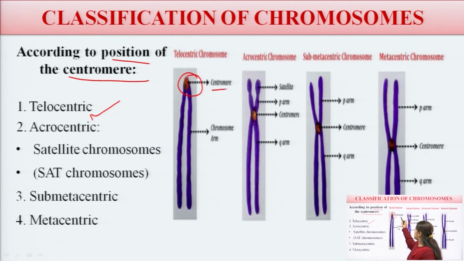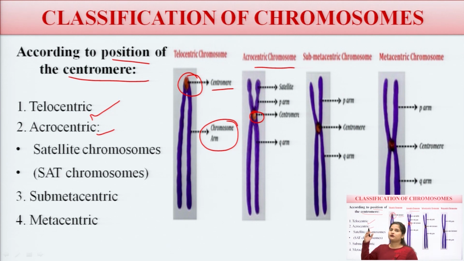Then there is the acrocentric, where the centromere shifts towards the p-arm, meaning it shifts towards the upside, right. This is about satellite chromosomes.